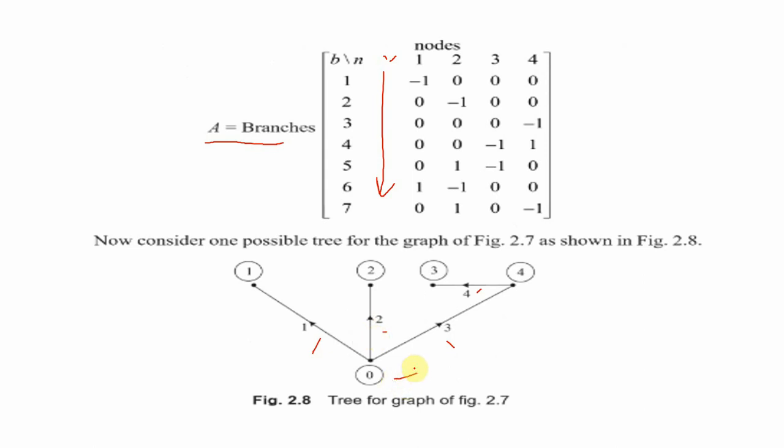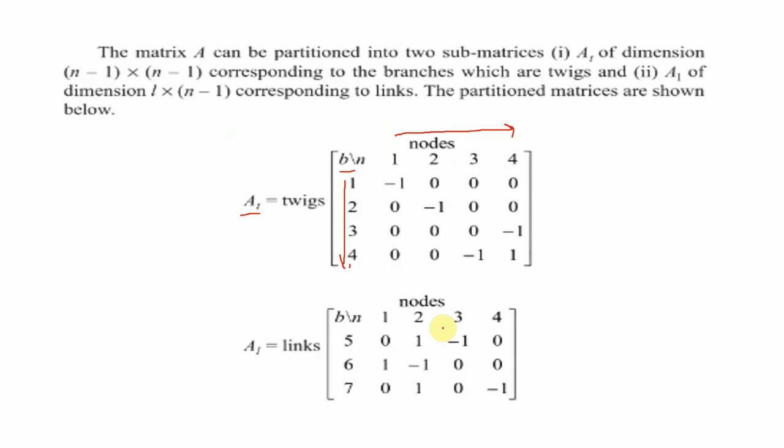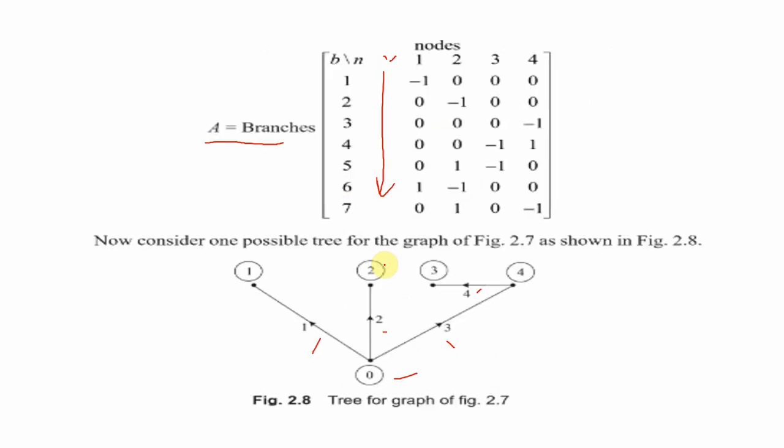Now node number 0, for node number 0 branches 1, 2, 3 are outgoing. So that's why we can say that, right, here 1, 2, 3 these are the nodes, and 1, 2, 3 and 4 are your branches. Now first one is minus 1, right? So always remember this 1, 2, 3, 4 you can directly take from this also, right? So this is nothing but 1, 2, 3.